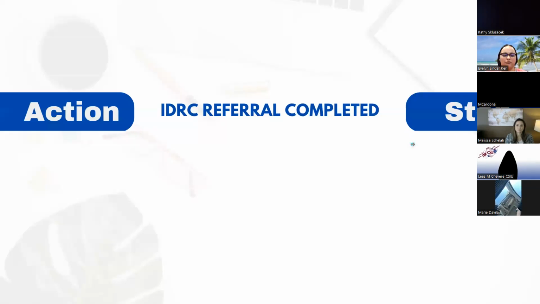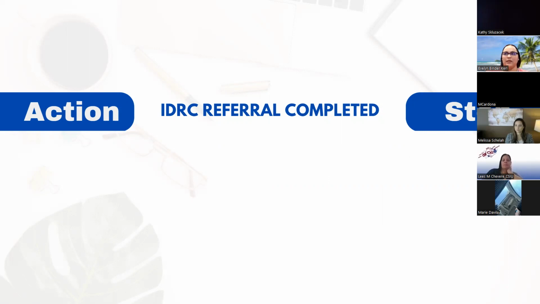I'm just going to walk you through what it looks like when we have a recruiter go out until we start serving a student. We get our referrals through the IDRC refer tool, and we've implemented a system where we enter that into Connecting.